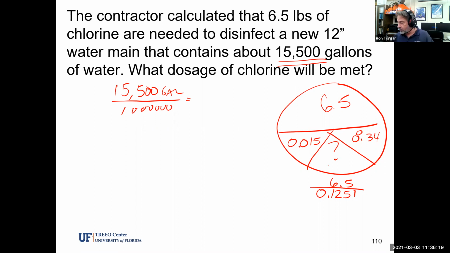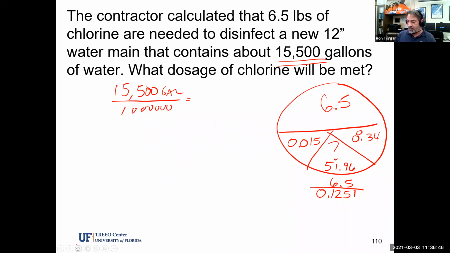And I'm coming up with 51.96, which is actually over the 50 part per million number that we were hoping for. So it looks like in this particular case, the contractor would be using enough chlorine to meet the 50 part per million dose. So we're going to be slightly over, which is okay.